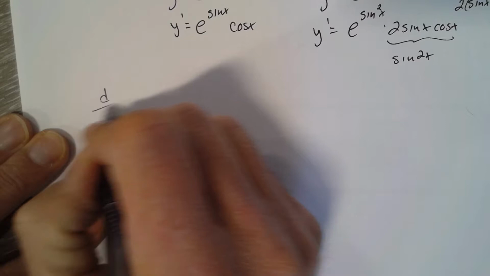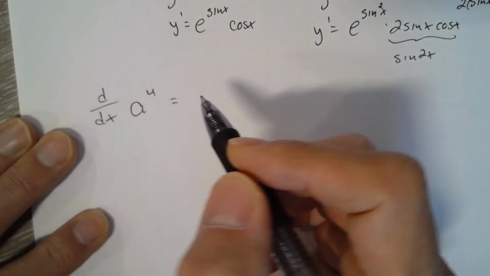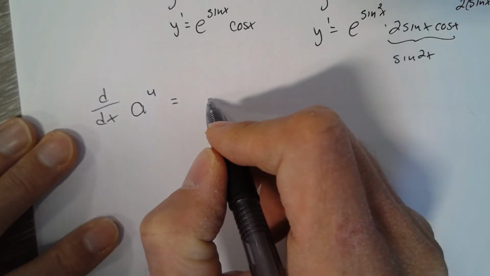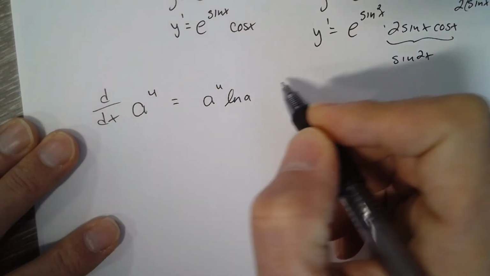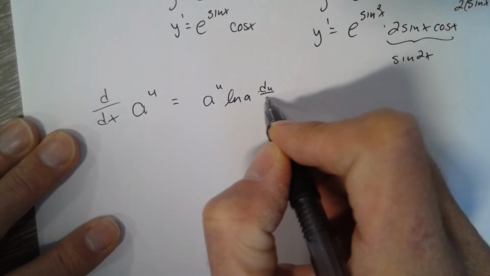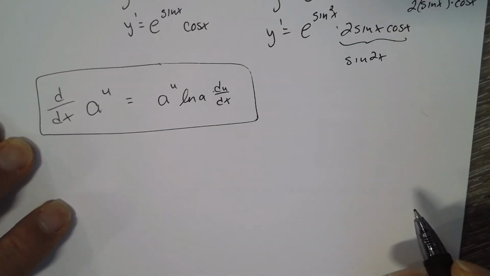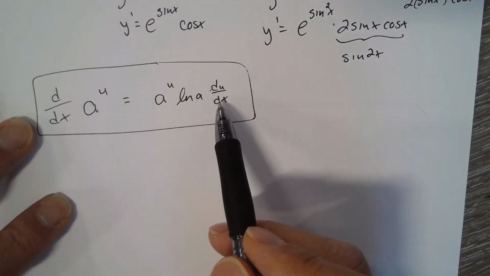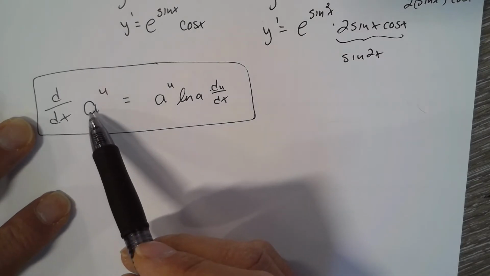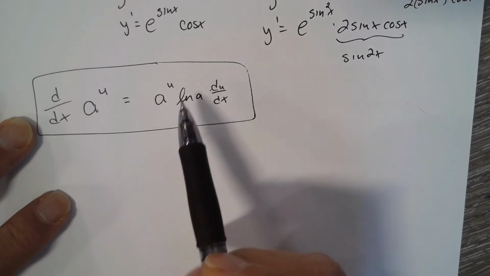So the derivative of a to the u is equal to itself times the natural log of its base times du dx. Notice that a is a constant, some number to a variable exponent.